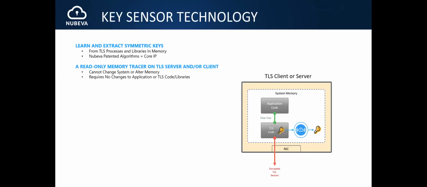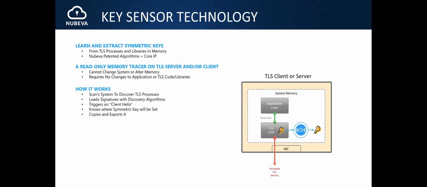And what it is is a read-only memory tracer function that you can load either on the client or the server side, or both. It can work on either side of the connection, which is a new thing that frees you up from the need to understand certificates and deal with certificates. How it works is this. You load the system, you give it permission to read memory. It is not a hack. It is something you have to specifically and explicitly permit to read process memory.